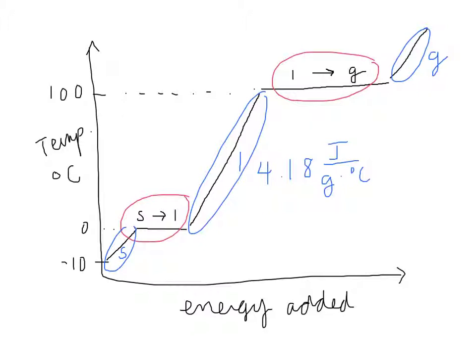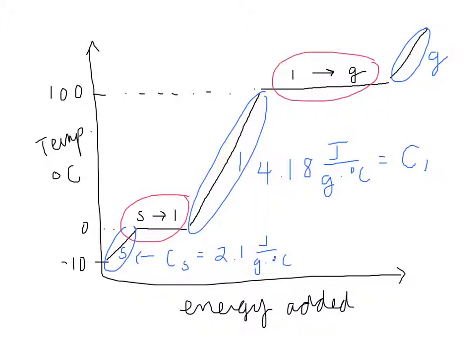So whenever we're dealing with liquid water along that region of the graph, we are going to be using that specific heat. So we're going to call this the specific heat of liquid. Down in this region, down here, we are going to be using a different specific heat. This will be the specific heat of ice, or solid water, and its value is 2.1 joules per gram times degrees Celsius.